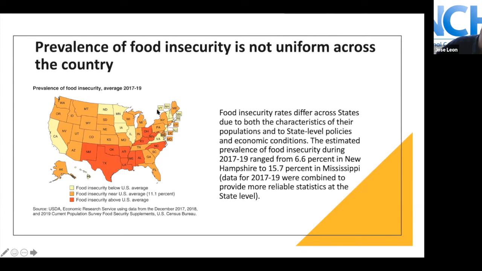We will see that at the same time we have some ethnic and minority groups living in these states. We'll see that Hispanics and African Americans are also more likely to be food insecure. So if you are in one of these states, you have a better understanding and a better idea of how food insecurity affects your patients with diabetes.